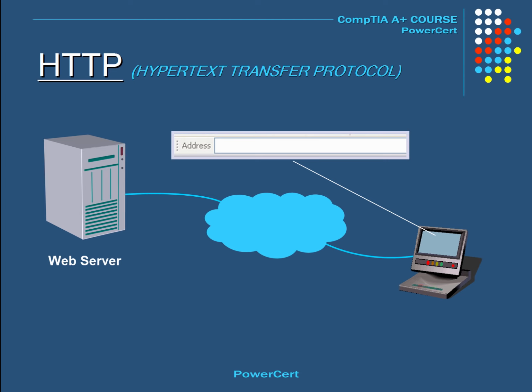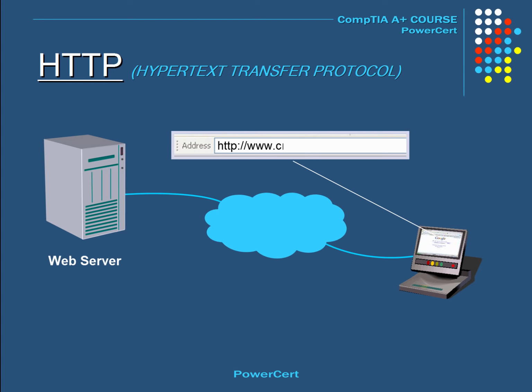HTTP stands for Hypertext Transfer Protocol. Now this is probably the most widely used protocol in the world today. HTTP is the protocol that is used for viewing web pages on the internet. So when you type in a web address, for example google.com, you'll notice that HTTP is added at the beginning of the URL.